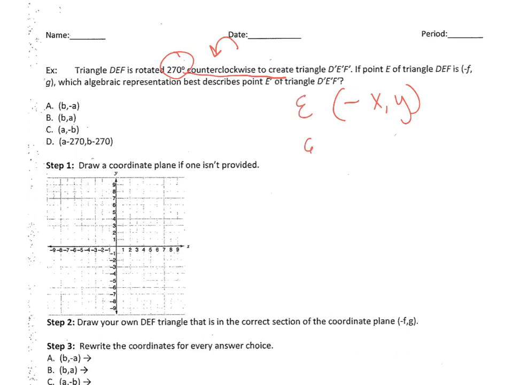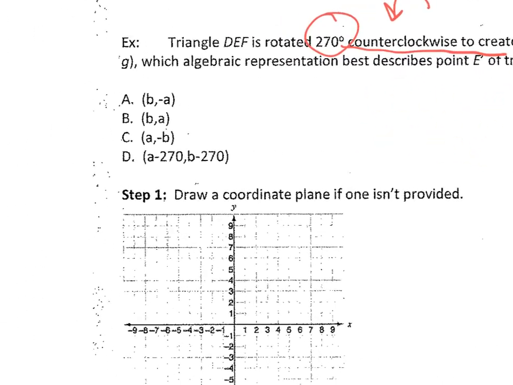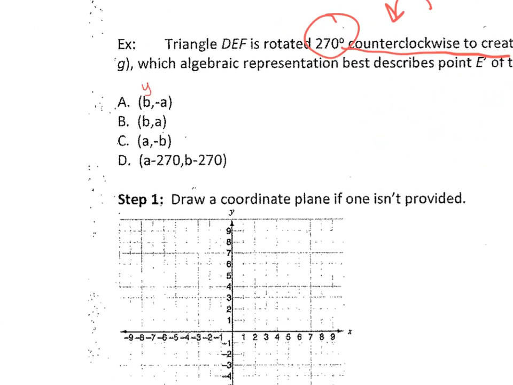So if this is E, we're going to figure out what E prime is going to be. So they give us just examples. So A would be Y, negative X; Y, positive X; X, negative Y; X minus 270, Y minus 270.